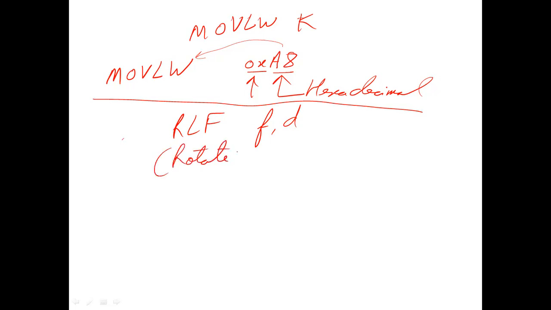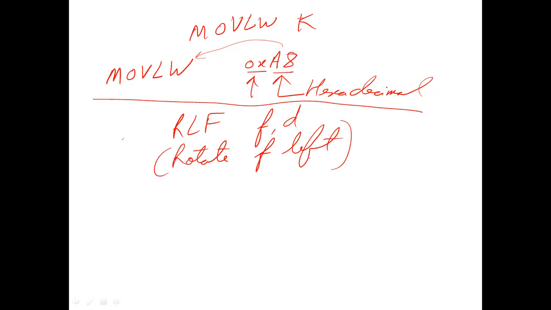What it does, it shifts the bits in file register F to the left 1 bit and stores the result in F if D is 1, or in the accumulator if D is 0. Accumulator or the W register, right?